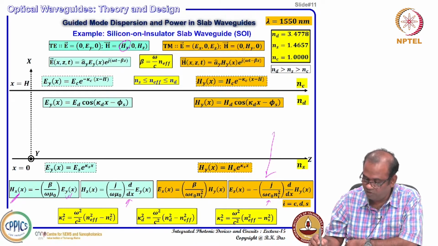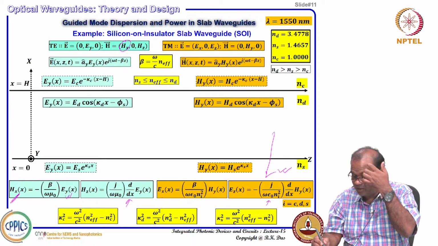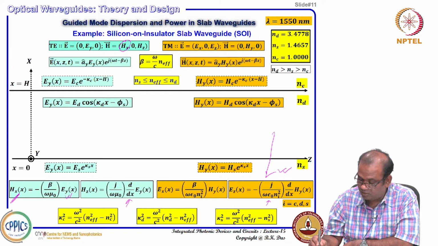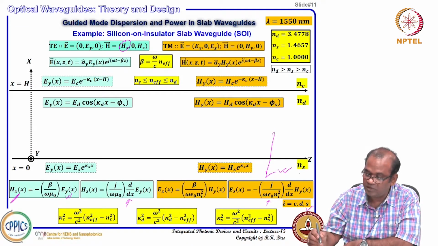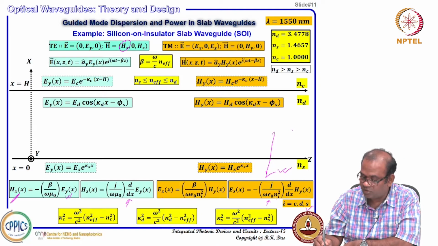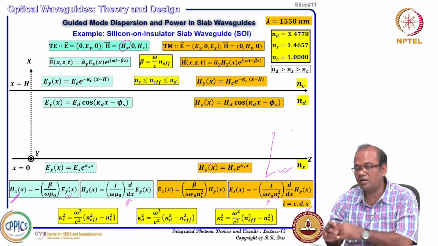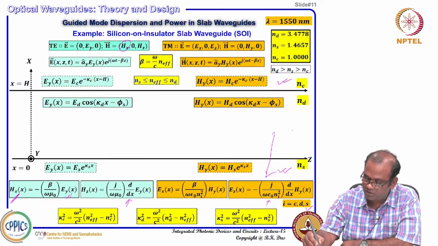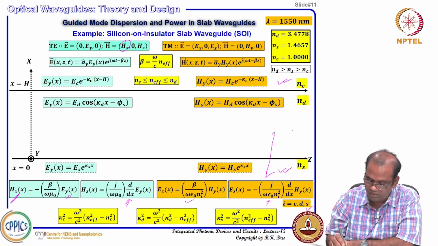If you are using the Ez component in the box layer, the silicon dioxide substrate layer, then Ni should be the Ns value. If it is in the core, the refractive index will be Nd, and whatever value comes from Hy you just scale with Nd squared. That comes directly from Maxwell's equations, nothing in our hand. For the cover it is Nc. So we know how they are related.